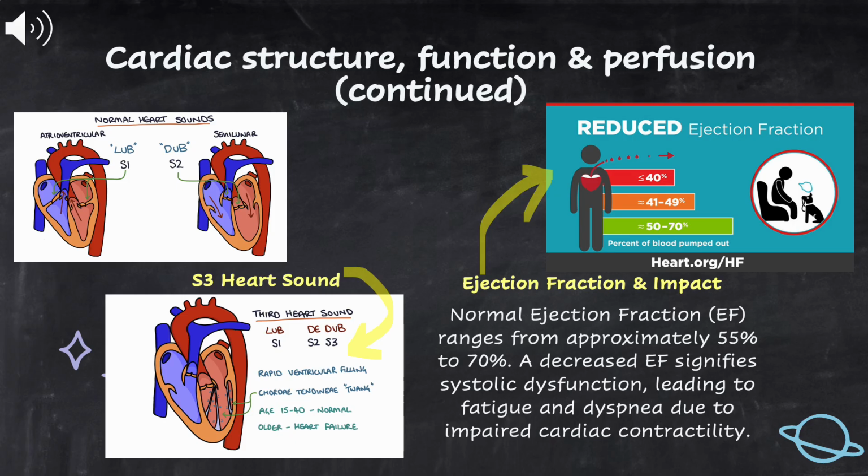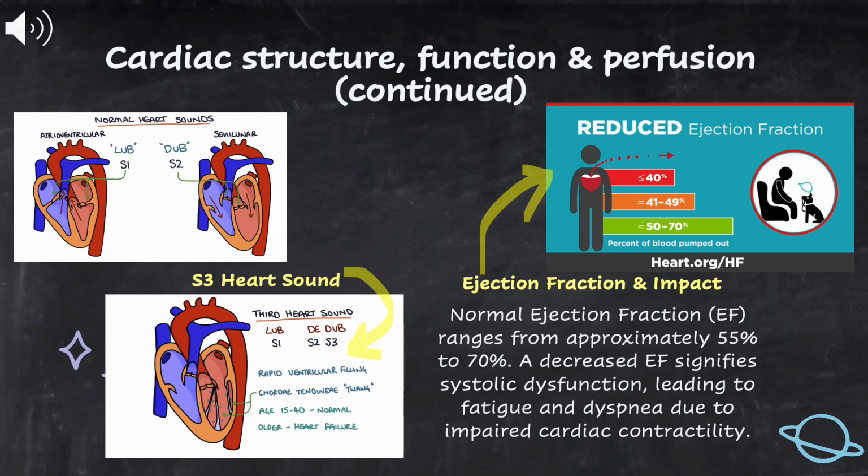The second part of this slide focuses on ejection fraction, or EF, which helps quantify how well the left ventricle is pumping. A normal ejection fraction is approximately 55 to 70%. When ejection fraction is reduced, it reflects systolic dysfunction, meaning the ventricle cannot eject blood effectively with each contraction.